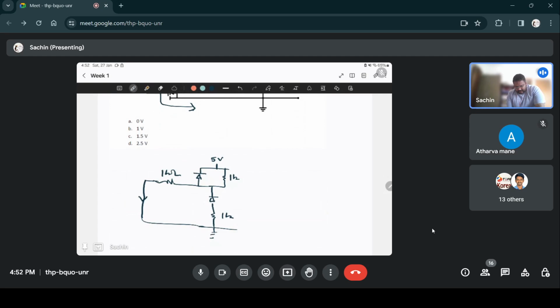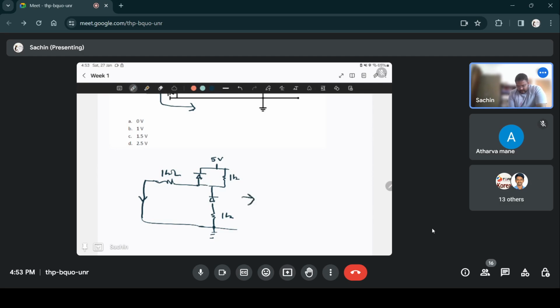So here, since you can see that the ground is connected through this 1 kilo ohm, the P junction of this diode is connected to the ground. So this is actually always less than 5 volts. So this is actually off. And since that diode is off, we could just remove it.